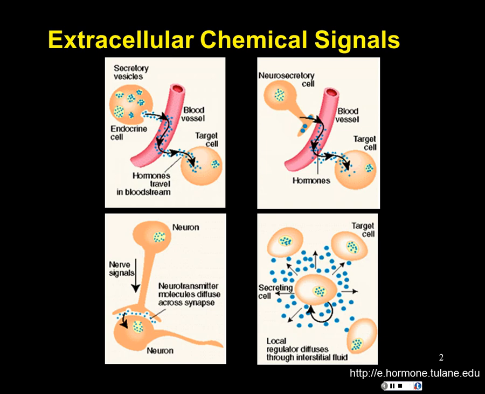And so we just call it autocrine, where a cell releases an extracellular messenger and expresses the receptors and therefore responds to that extracellular messenger. So it activates itself.